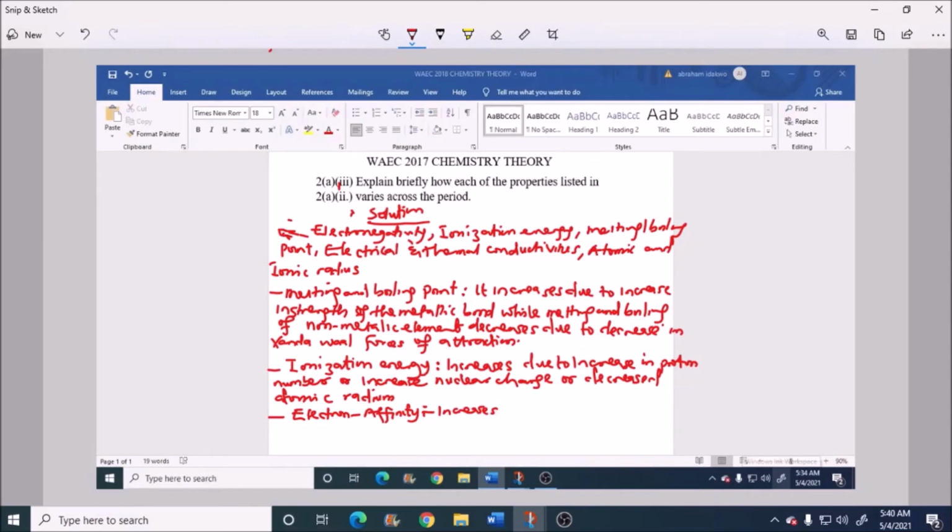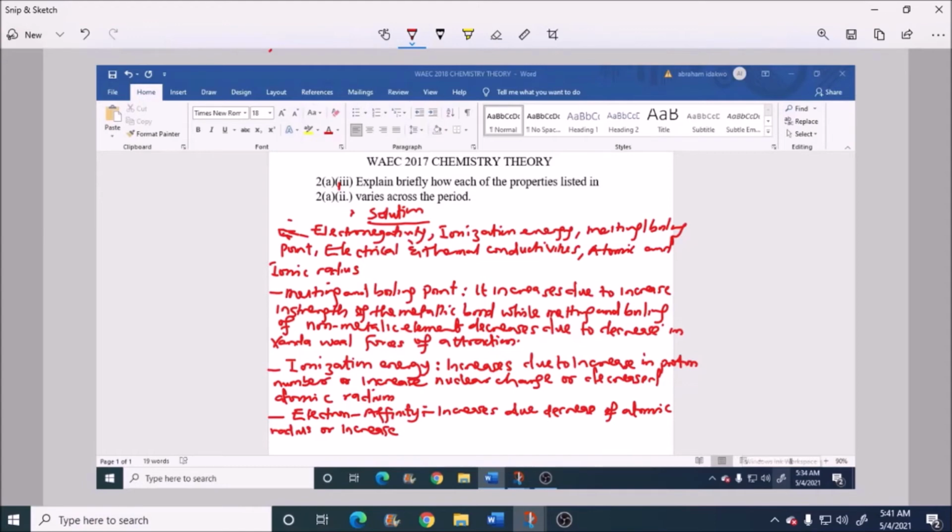Electron affinity increases due to decrease of atomic radius, or increase in nuclear charge.